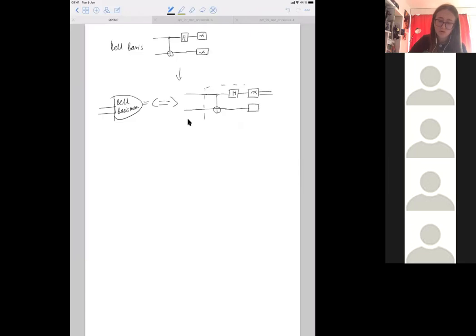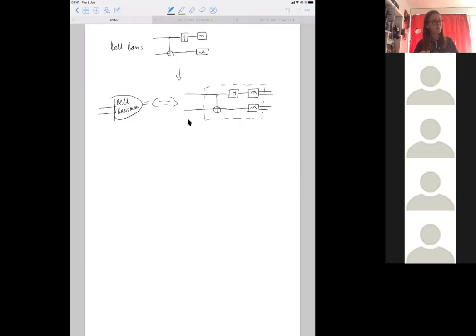And you have these 2 outcomes, which tell you which Bell basis state you would have gotten. So these are just the computational basis measurements. Okay, so that was the first point about the Bell measurement.